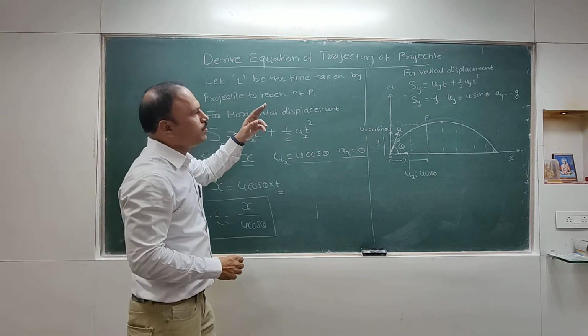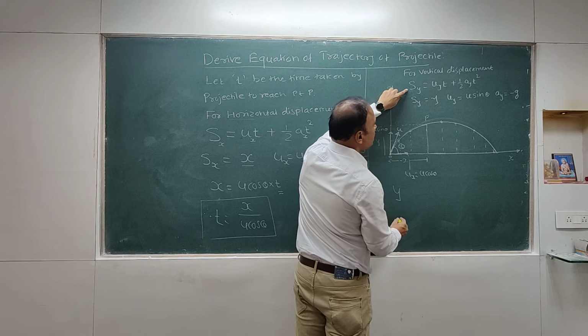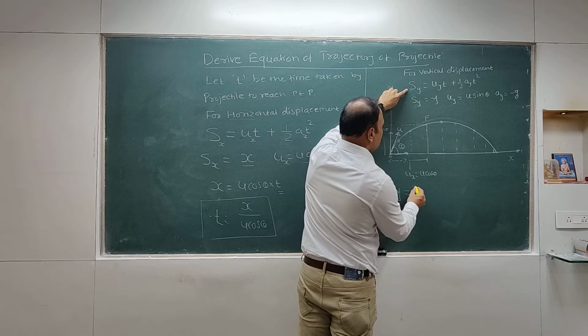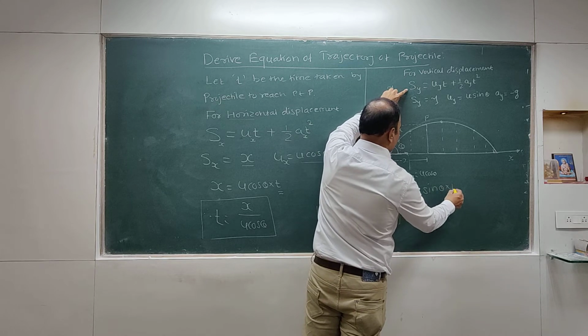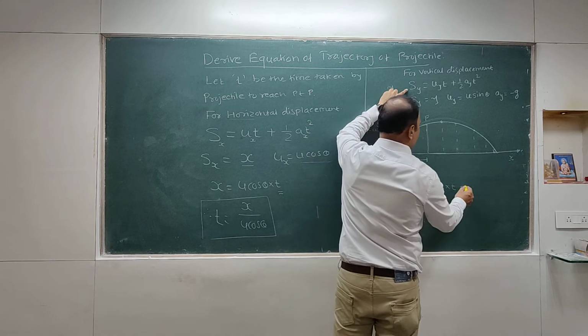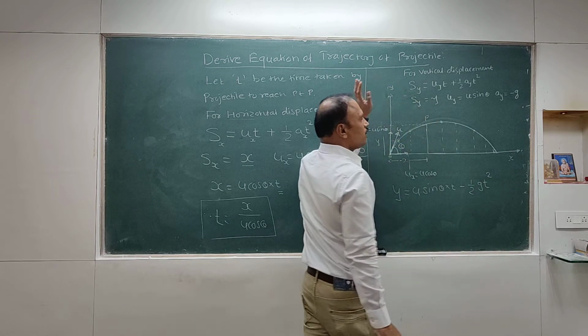Now please substitute these values here. y equals u sin theta into t minus half g t square. Very straight, simple.